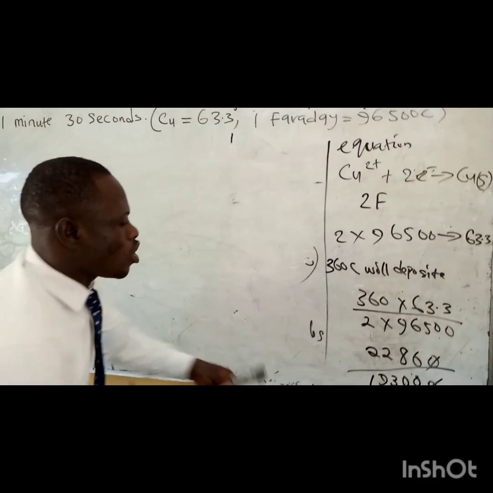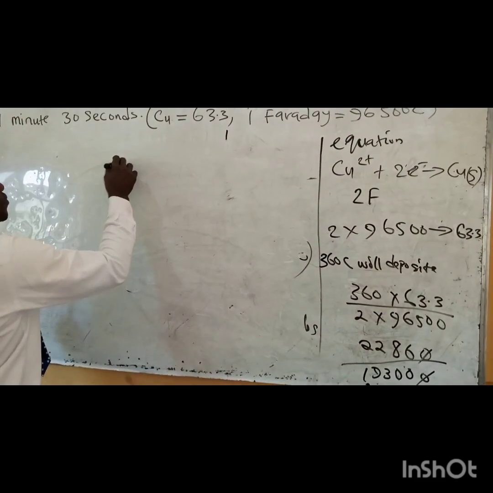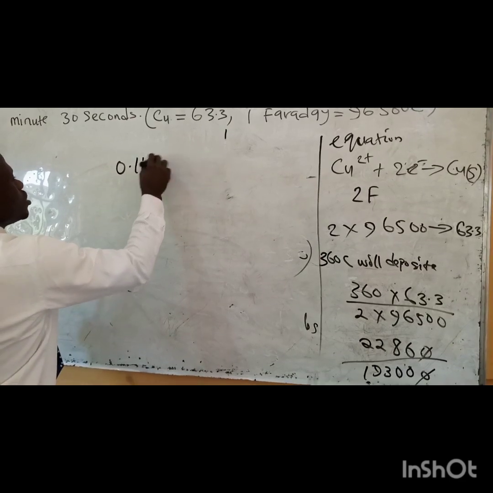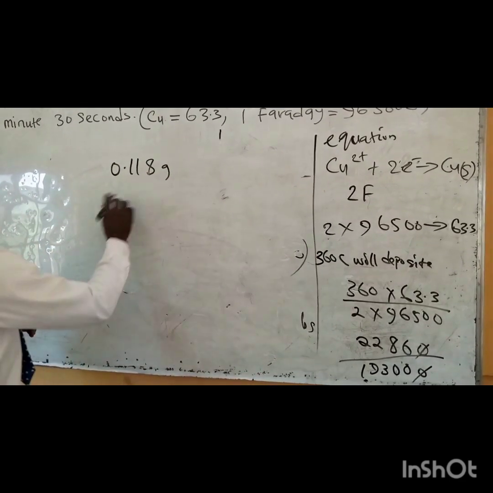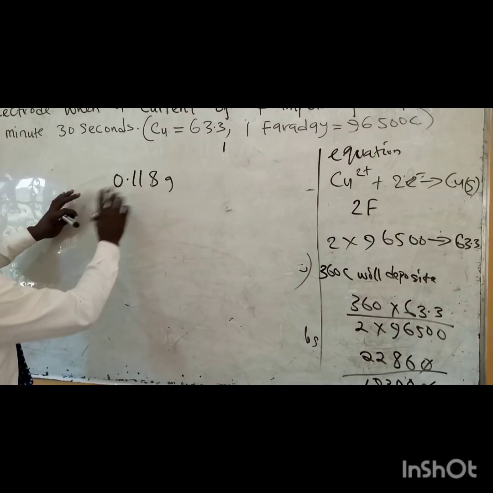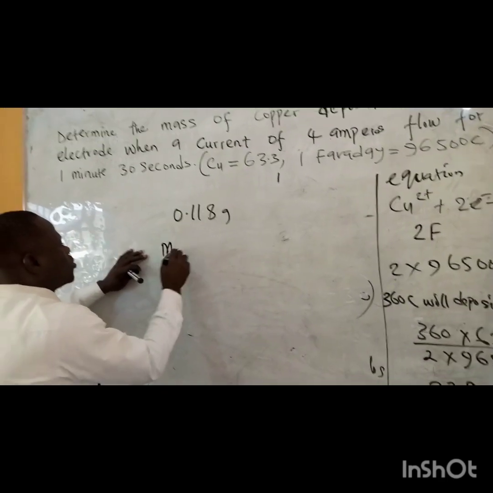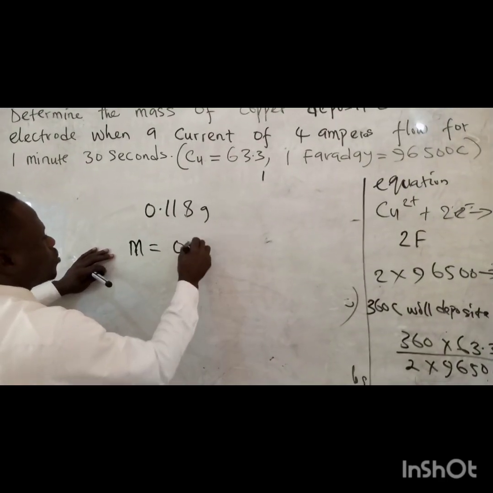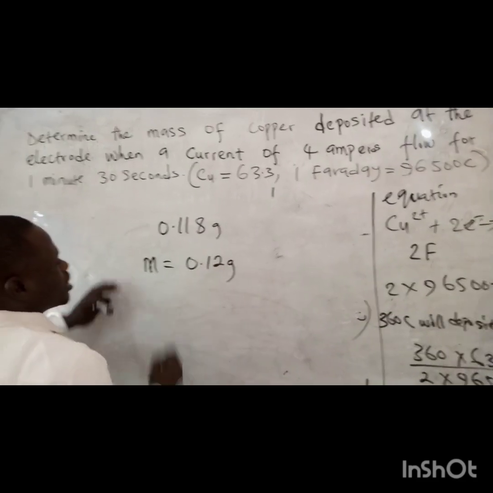When you divide this one by this one, you have 0.118 grams. If you approximate this, the mass will be equal to 0.12 grams.